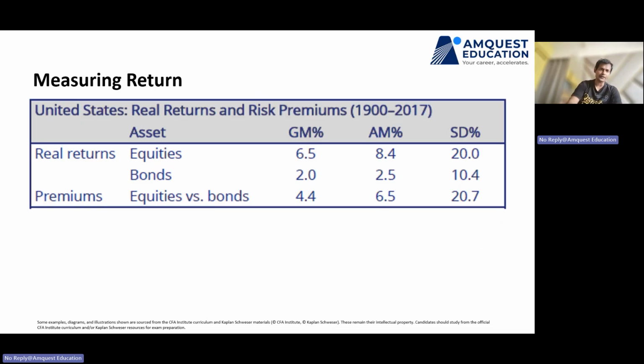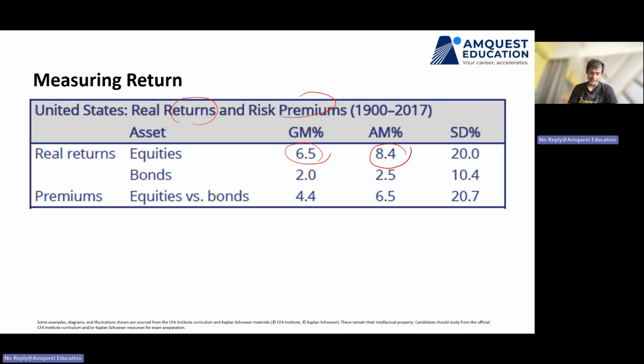Clear? So this part of the lecture is all about understanding the meaning of diversification. How do you deal with risk and returns at a portfolio level? Clear? Obviously, these are the real numbers of returns and risk premiums in the US, where equities had an average return of 6.5 geometrically, 8.4 arithmetically.